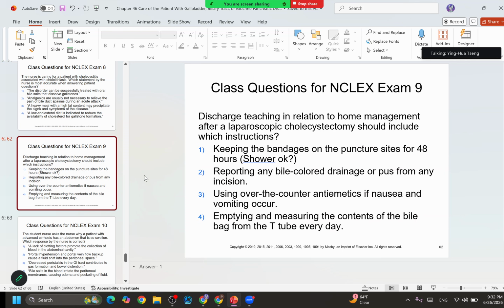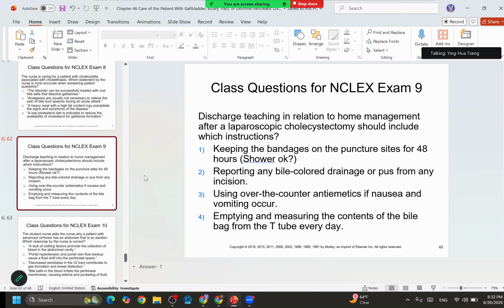Okay, number 9. Discharge teaching related to home management after a laparoscopic cholecystectomy should include what instruction?